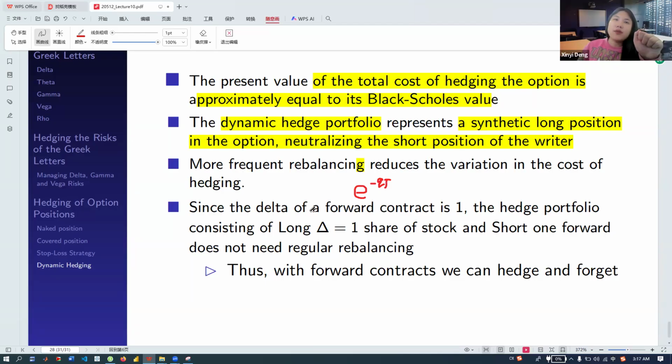For a forward contract on an underlying asset not paying dividend yield at all, q is equal to 0. Therefore, it's equal to 1.